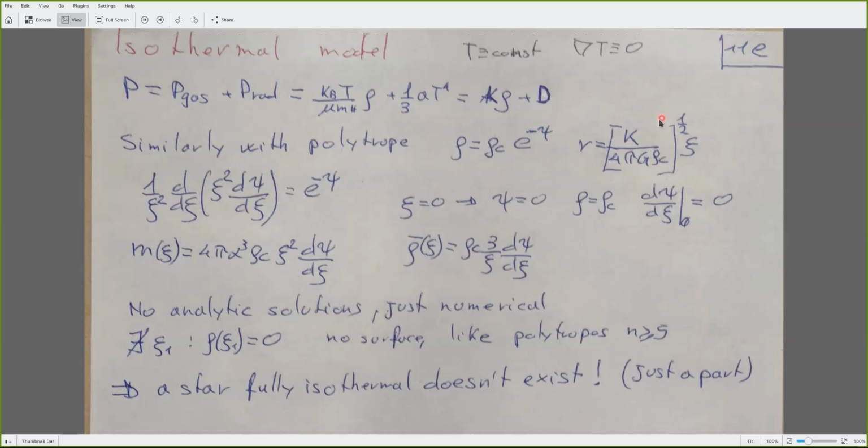We have this constant multiplied by this dimensionless variable, and we get an equation similar to the Lane-Emden equation, but with the exponential. For xi equal to 0, at the center, phi is 0 by definition, because you have the central density. It is also a boundary condition that the derivative of phi at the center must be 0.